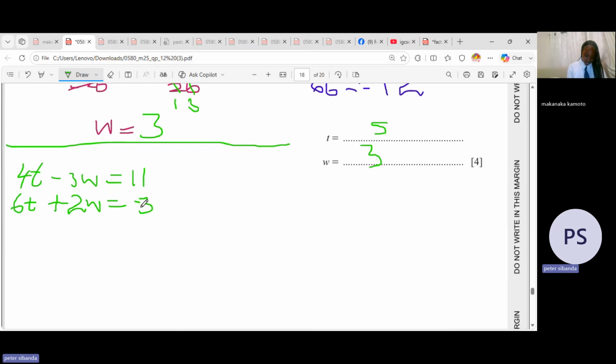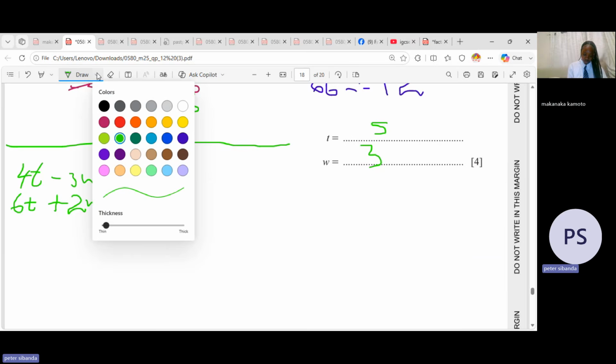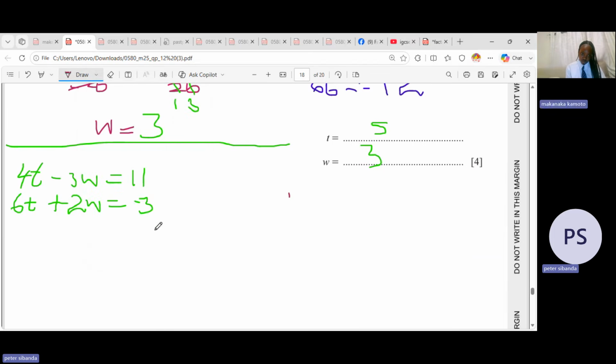We decided to eliminate T the first time, so we did our calculations in such a way that it would make that happen, but we can make it similar here, not where there is T, but where there is W. In that situation, what can we multiply 3 with? And what can we multiply 2 with? So at the end of the day, both this and this are the same.